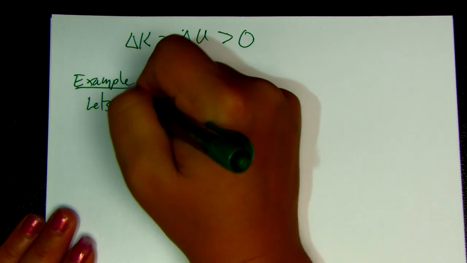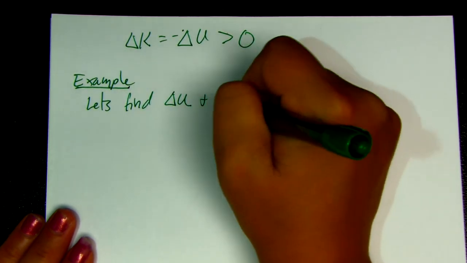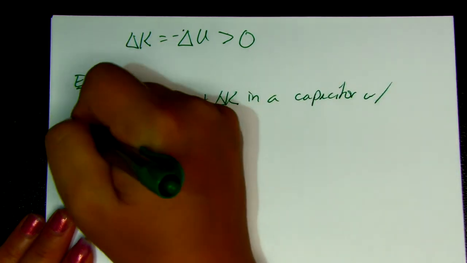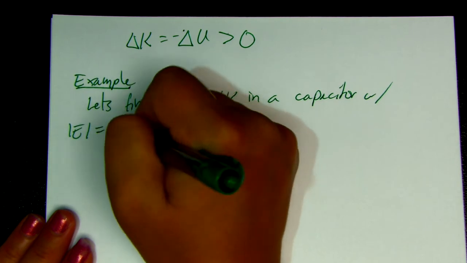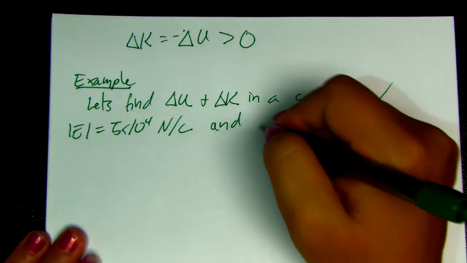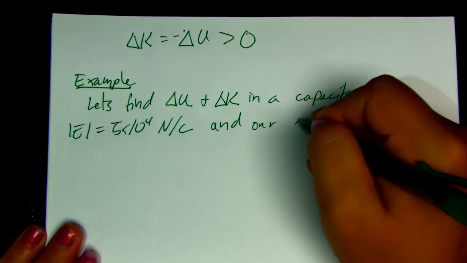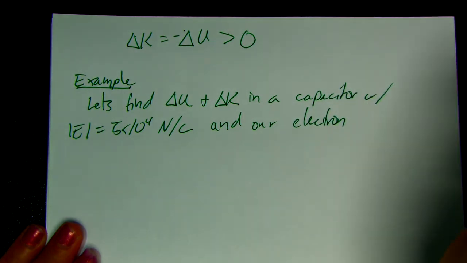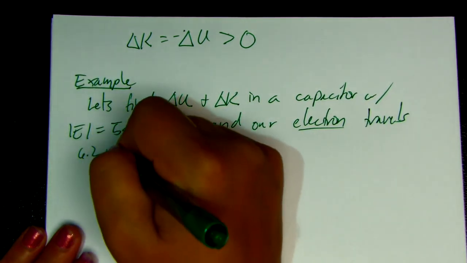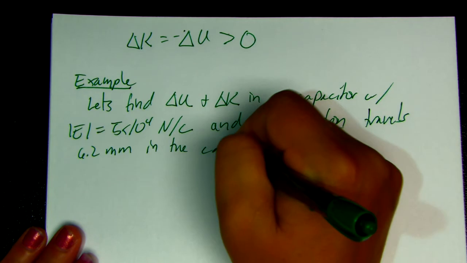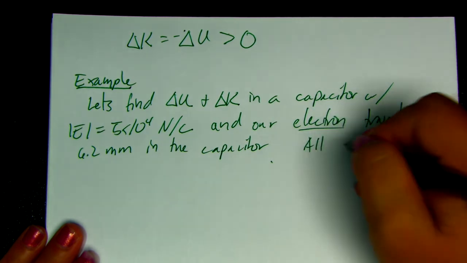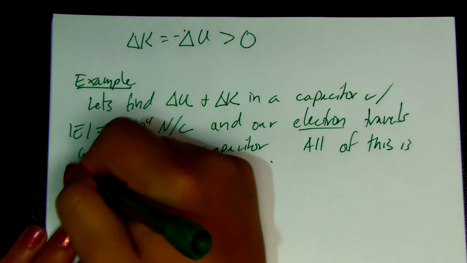So let's find delta U and delta K in a capacitor with the electric field being equal to 5 times 10 to the 4 newtons per coulomb, and our electron this time travels 6.2 millimeters in the capacitor. And all of this is in x.